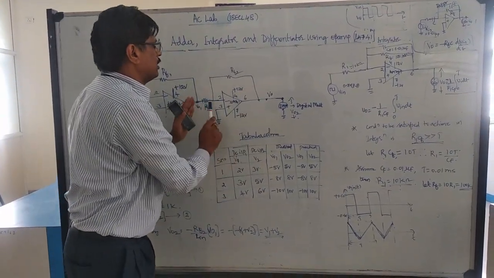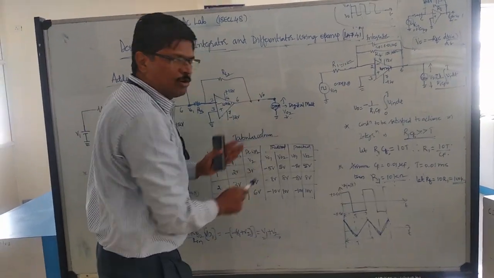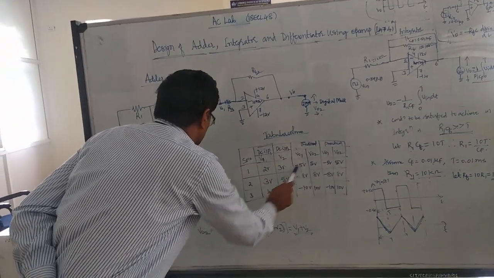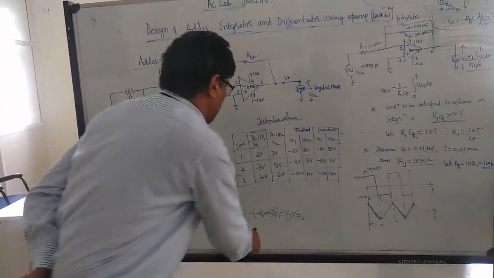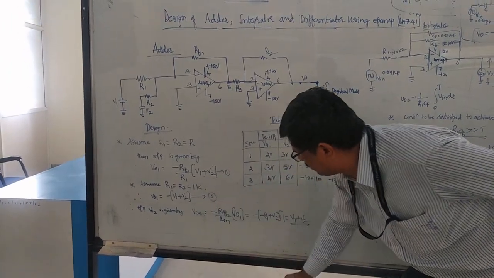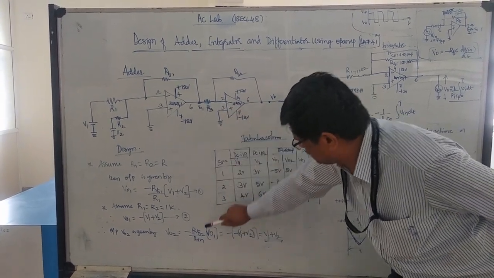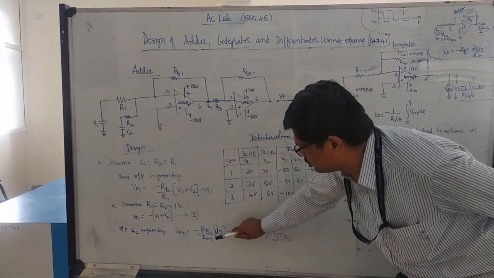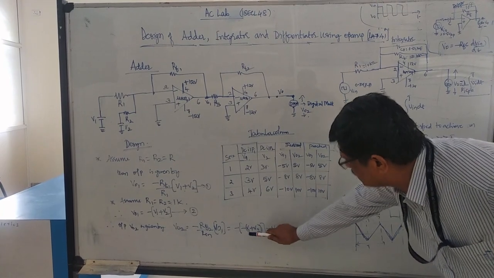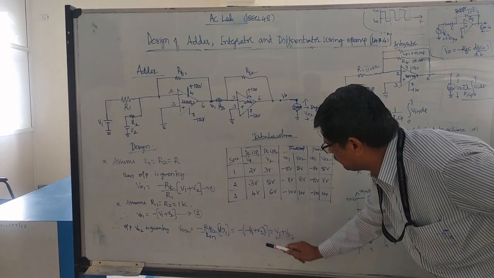Then once again you give this output V01 to the inverting stage, and you will get a non-inverting output. V02 is equal to minus RF2 by Rin; assume this is also 1. Then the output is minus of minus of V1 plus V2.